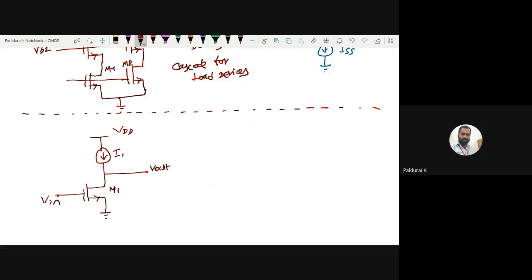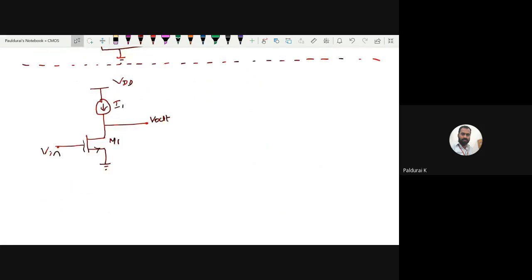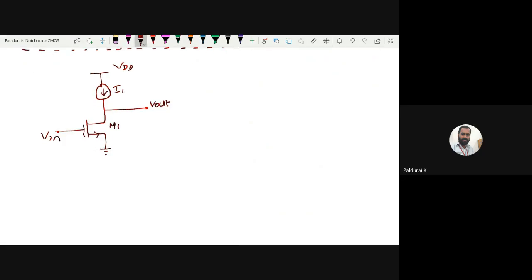But I want to improve the gain, or I want to improve the output resistance. For that, what I did was connect a cascode. Let me call this my input M1 common source stage. Here we are giving Vin. I connected one NMOS, right? Since M1 is NMOS, you want to connect one more transistor, but it will act as a current source, so it must be properly biased. Here I am giving this current source.